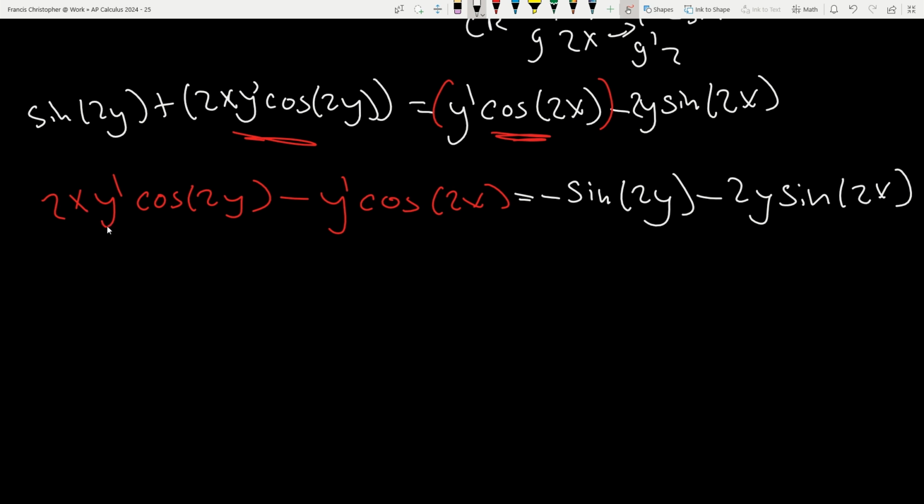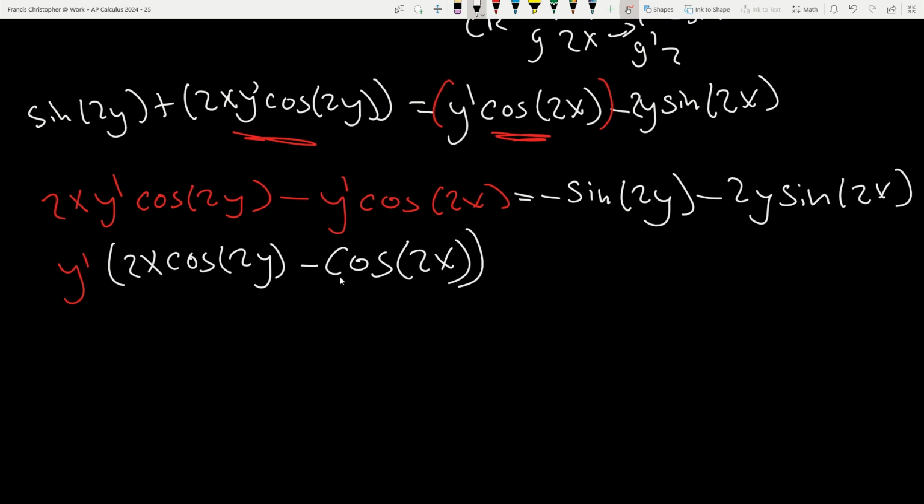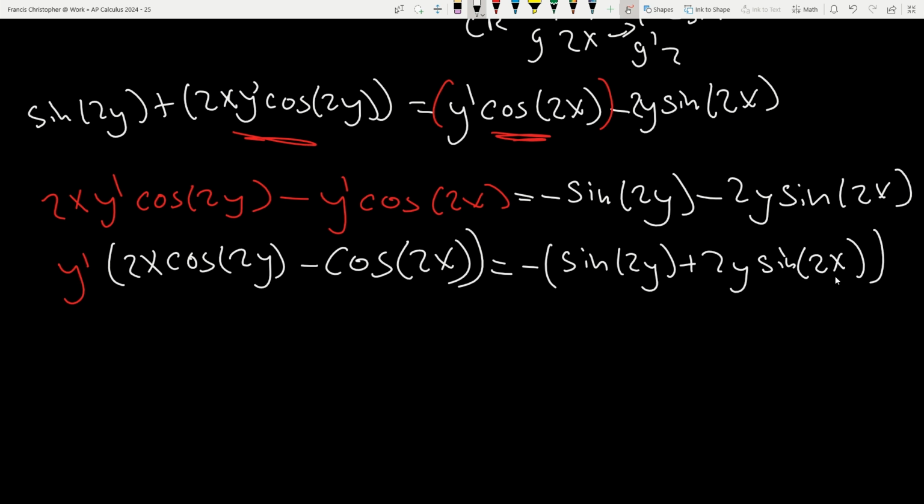Now I'm going to factor out the y prime. So y prime times whatever is being multiplied by, so 2x cosine 2y minus, that's gone, so cosine of 2x. And again, if you want to prove to yourself this is correct, distribute this out and you should get what's up here. And then this side, I'll just factor out the negative 1, so negative sine 2y minus 2y sine, plus now, sorry, 2x.